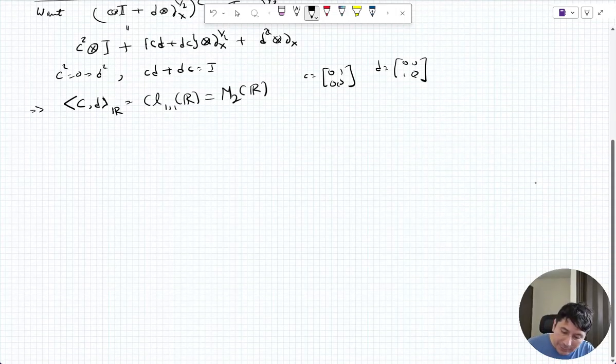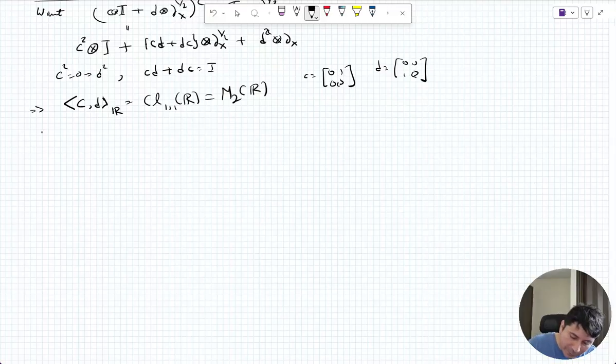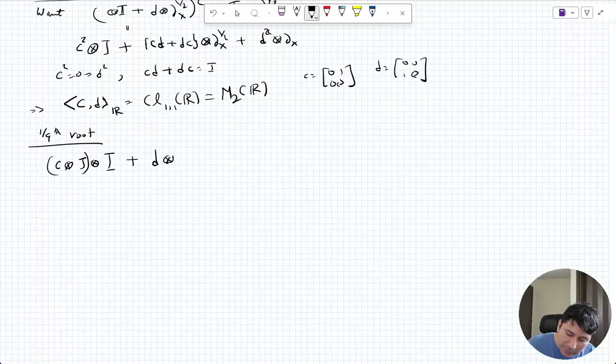Now to get the quarter root, we just combine both. So we get C tensor I plus D tensor, and here we go, A tensor I plus B tensor dx.